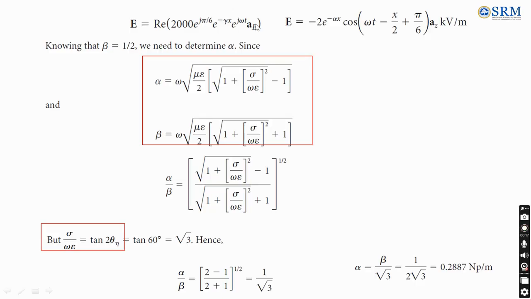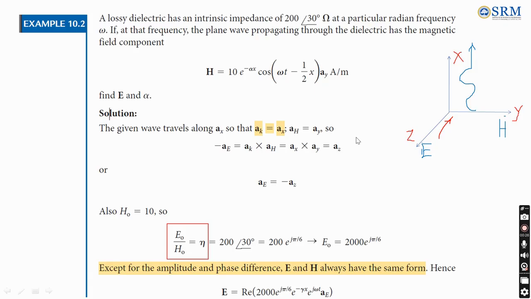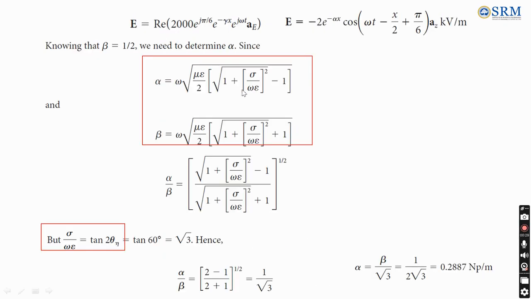So e power minus alpha x is taken out, and the direction of the electric field is along the negative Z direction. So aZ is written with the negative sign before it, and instead of 2000 we take 2, writing the unit in kilovolt per meter, so the 1000 is taken out. What is left is the J term: omega t minus, instead of beta, x by 2, plus pi by 6. So the electric field is leading the magnetic field by a phase angle of 30 degrees.